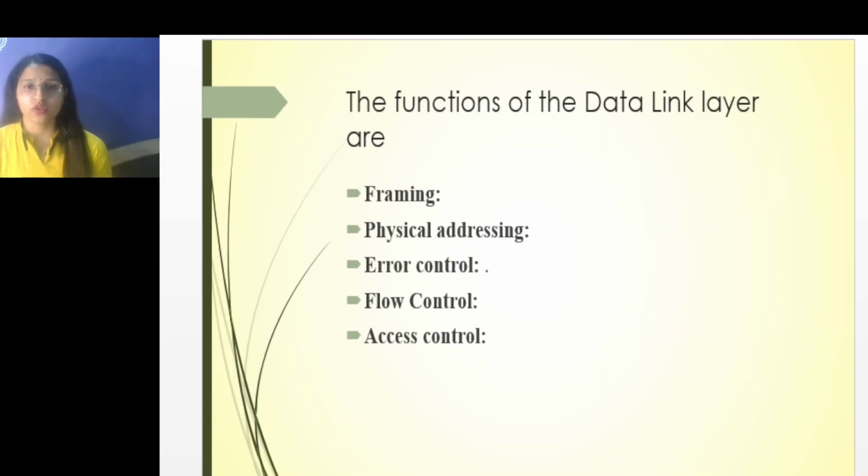Next is the flow control mechanism, that is the amount of data that needs to be passed, and the access control. That is, if multiple devices want to access a channel, there should not be any kind of collision. So for that, there is a media access control mechanism. So all these functions are taken care of by the data link layer.